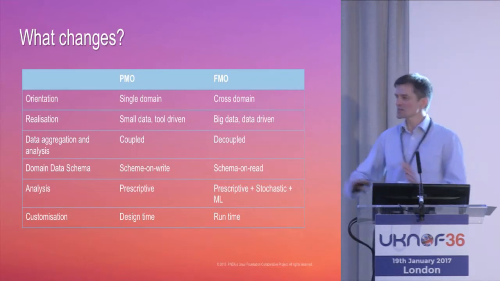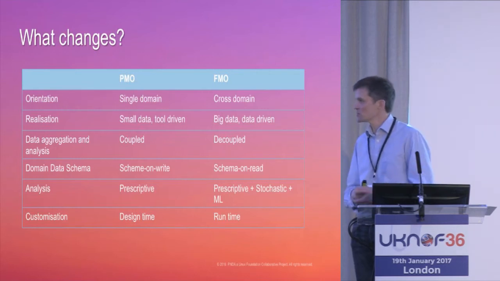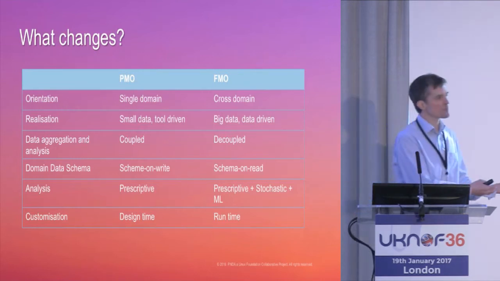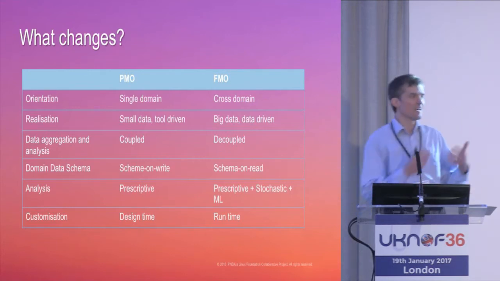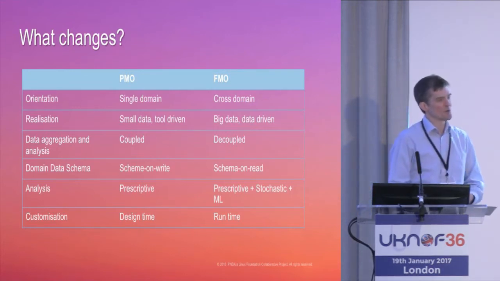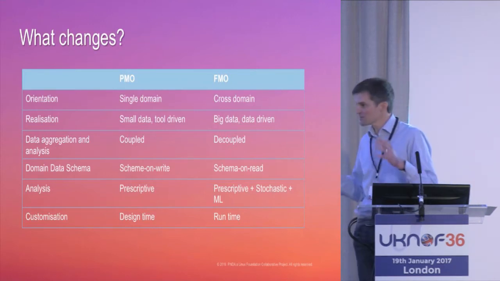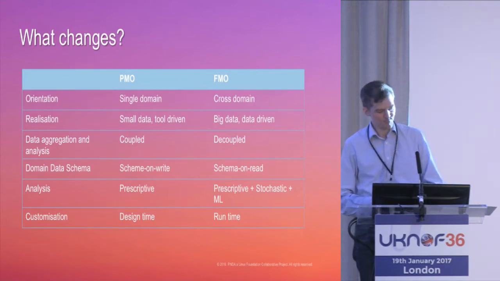So if you choose later on to want to view your data in a different way, there's no problem with doing that. You change your application, which changes the way it views the data, rather than change your schema on write, which fundamentally changes the data.